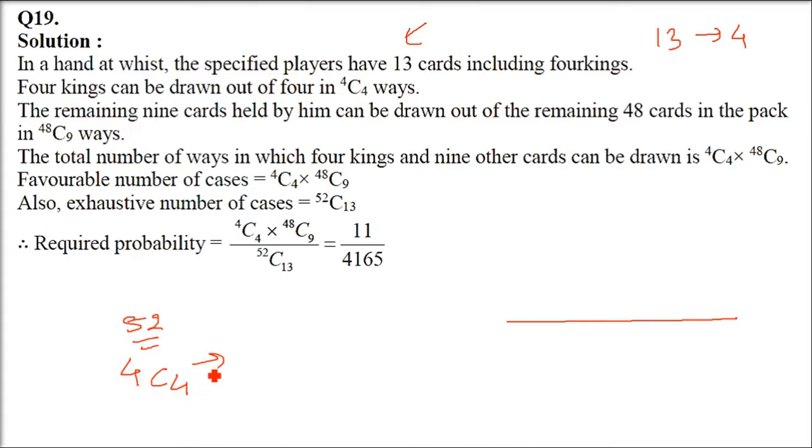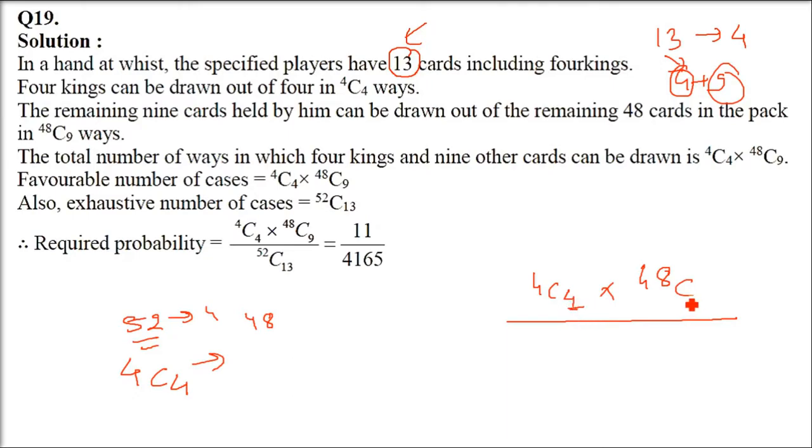So 4C4. Now there are other 9 cards also he has. So the 9 cards which he has are coming from the remaining 48 cards. So 4C4, and then we have 48C9, because 4 and 9 add up to 13, and 52 is made up of 4 and 48.